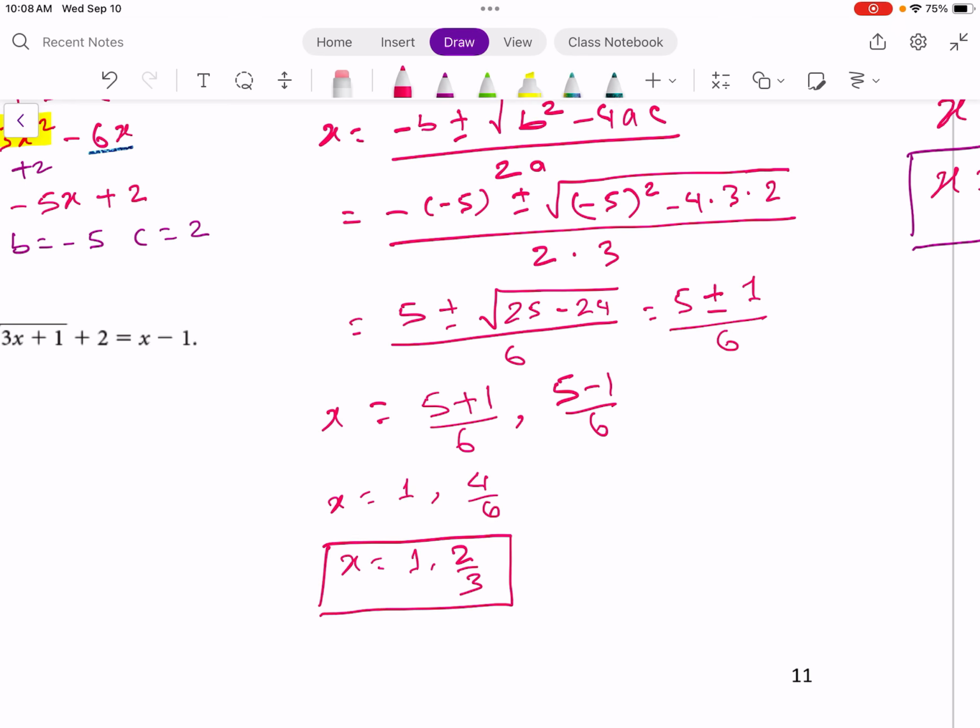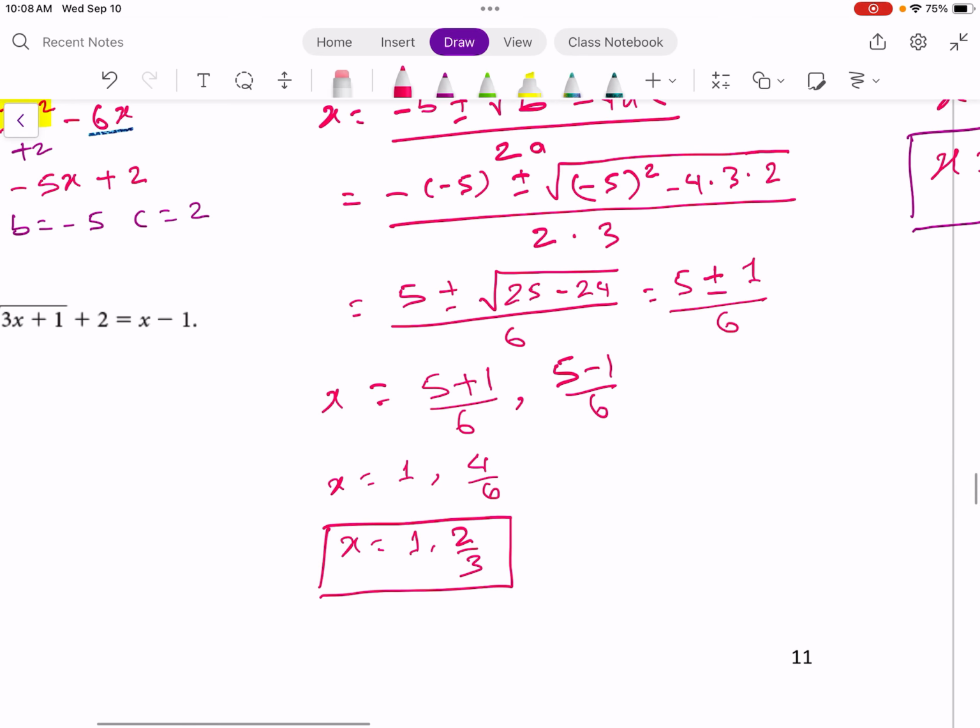So these two are the solutions for the rational equation.